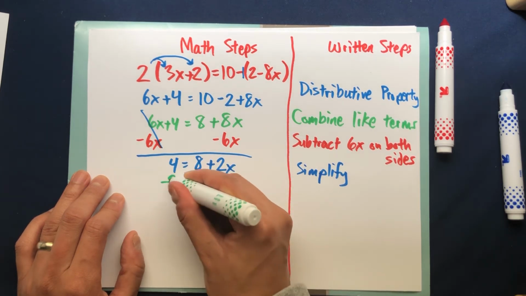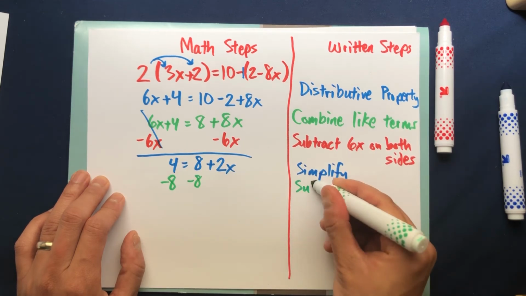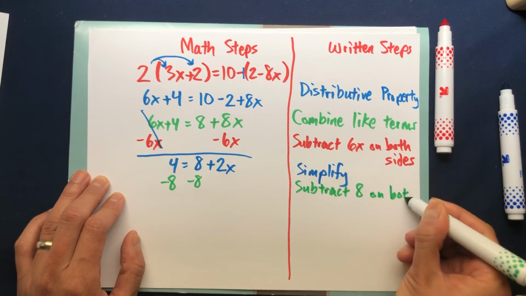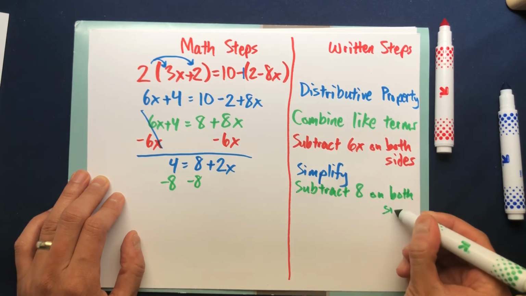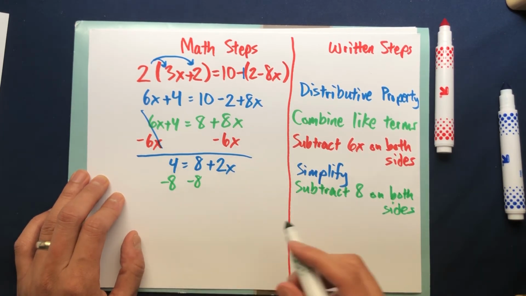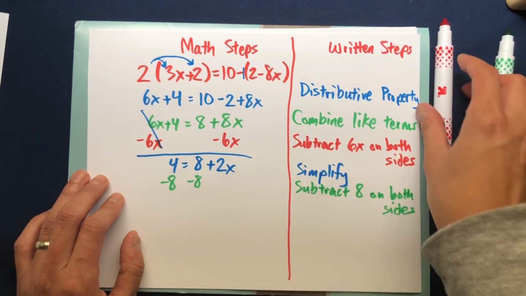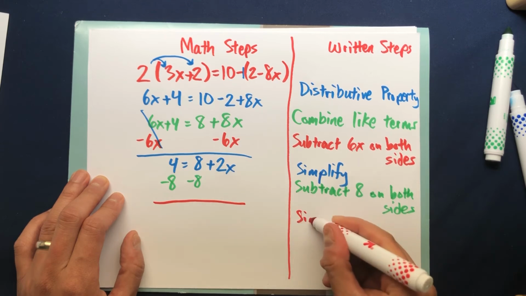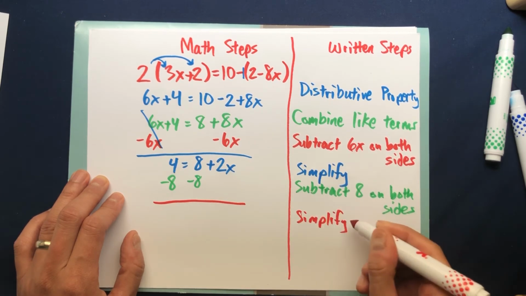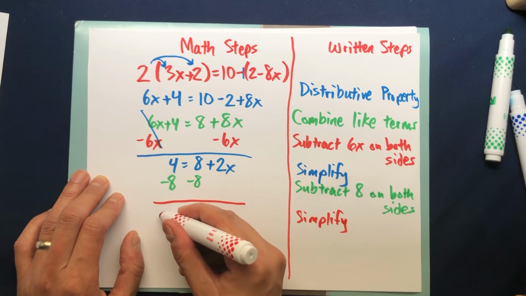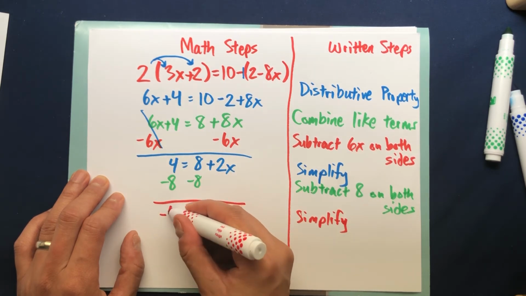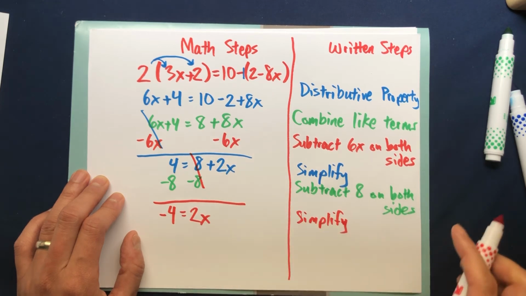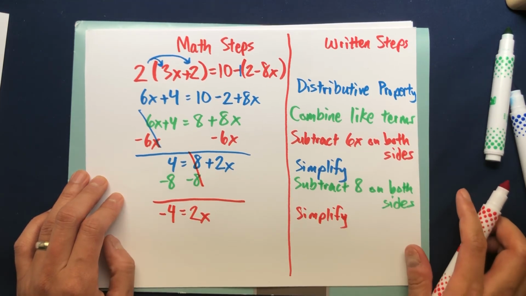So subtract 8 on both sides. Now we simplify. And we have 4 minus 8 is negative 4. 8 minus 8 is 0, and we have 2x as our new simplified equation.